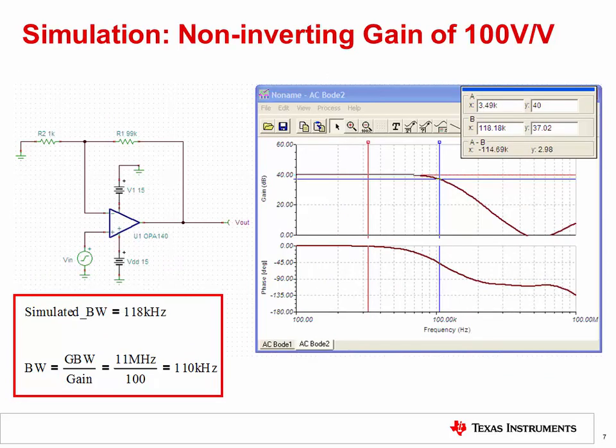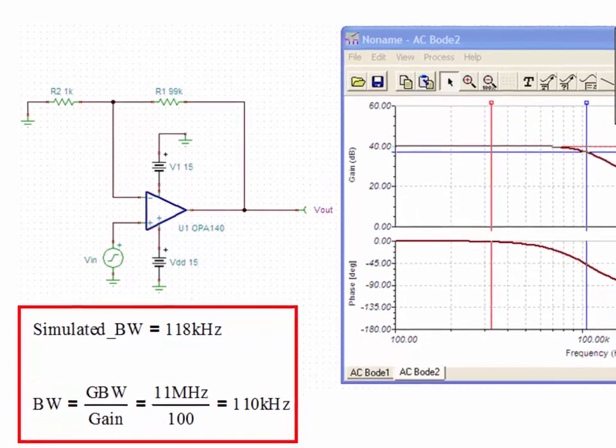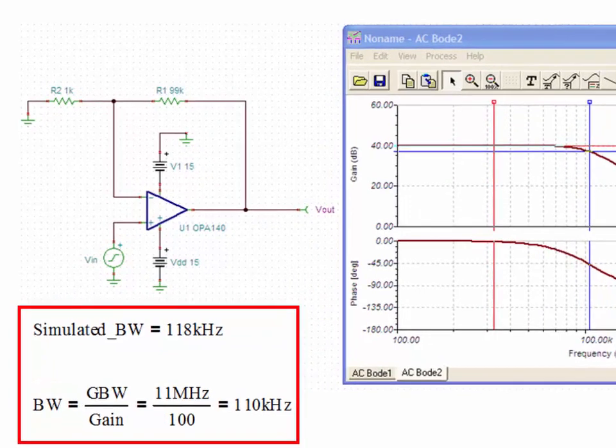Now let's compare a calculation to a TINA-TI simulation. Here we have an OPA140 in a non-inverting amplifier configuration with a closed loop gain of 100 volts per volt, or 40 dB. The OPA140 has a gain bandwidth product of 11 MHz.